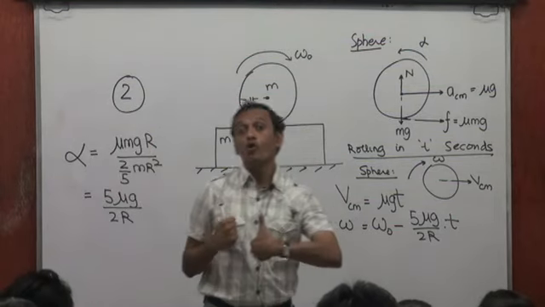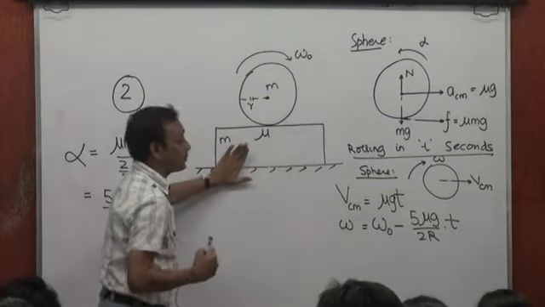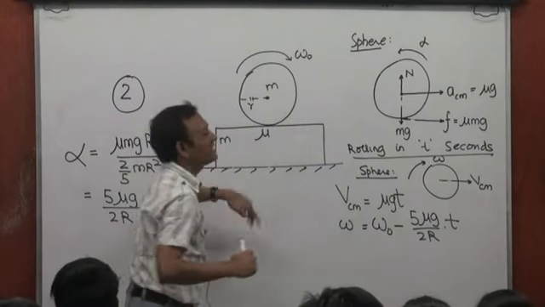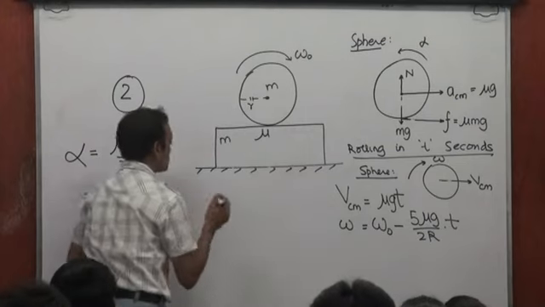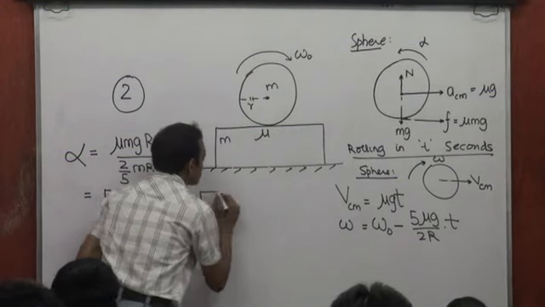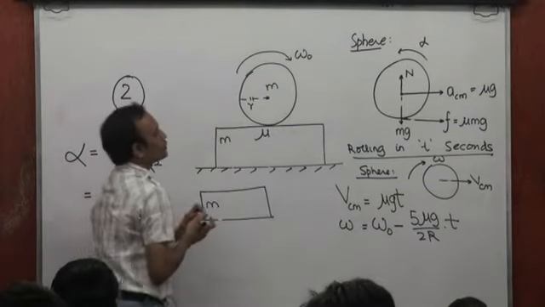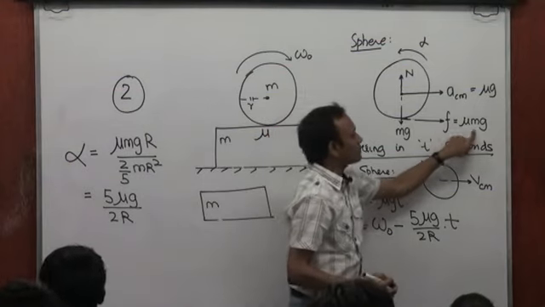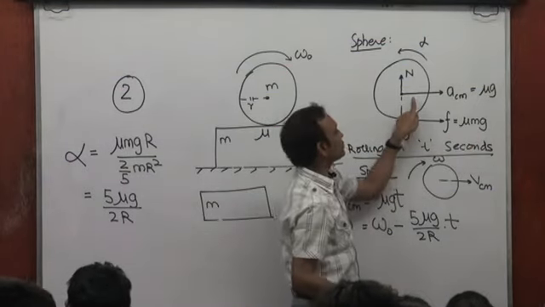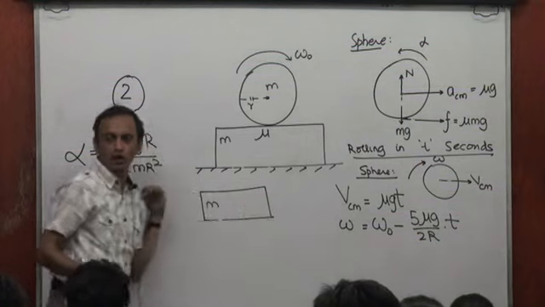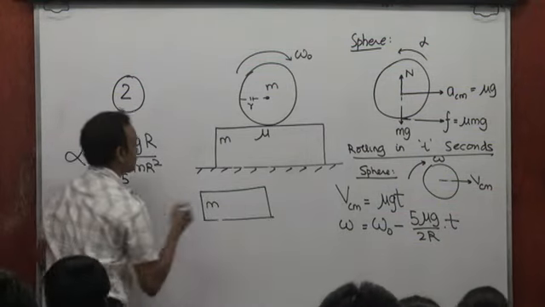Now, for the block, t seconds later, what transpires on the block? This is the block, mass m. The block exerts on the sphere kinetic friction mu m g to the right. The sphere will exert on the block mu m g to the left.